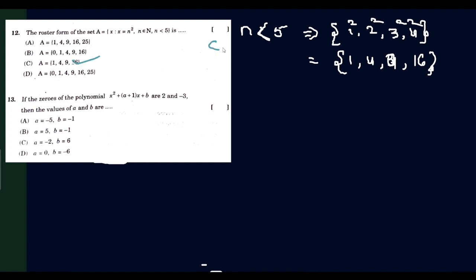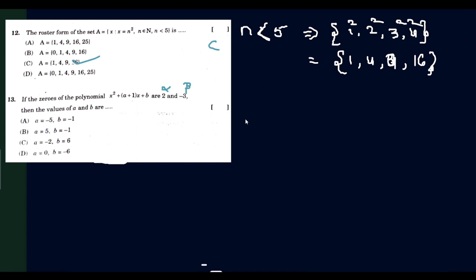Okay. Next, if the zeros of the polynomial are 2 and minus 3, find the value of a and b. But in this polynomial we don't know what the terms a and b are, right? So how can we find it? Simply, we have a formula for the zeros of the polynomial, which we can call alpha and beta.